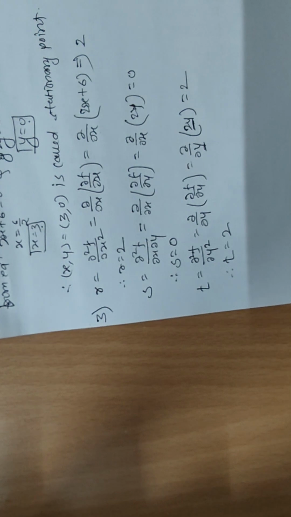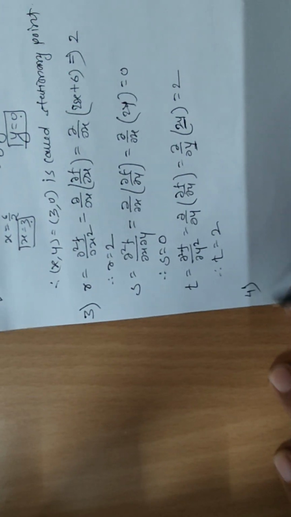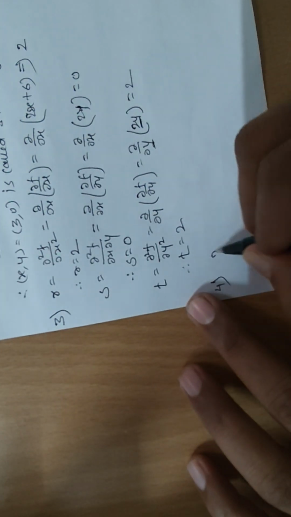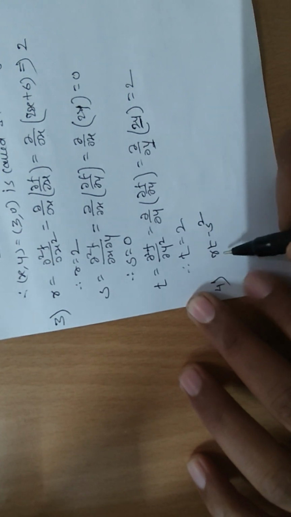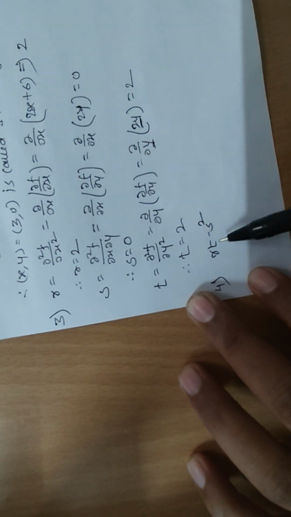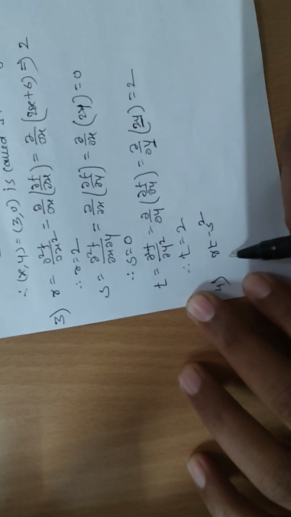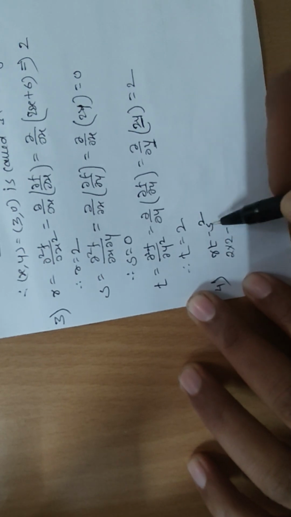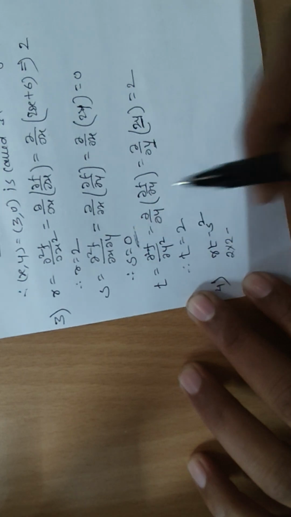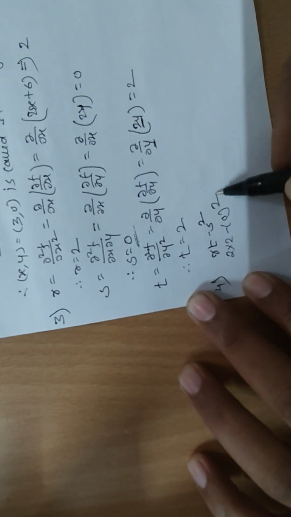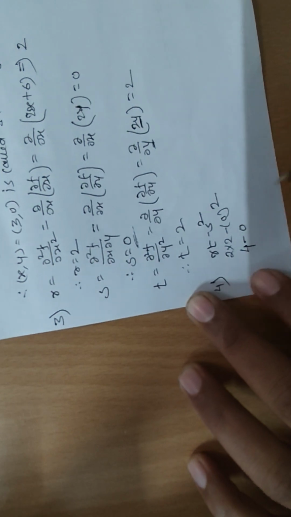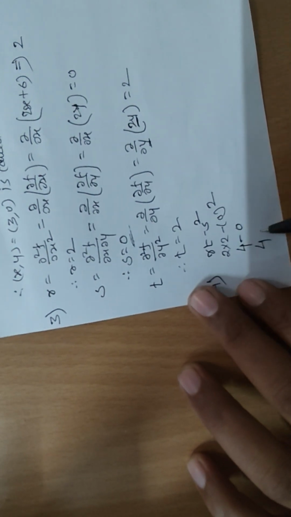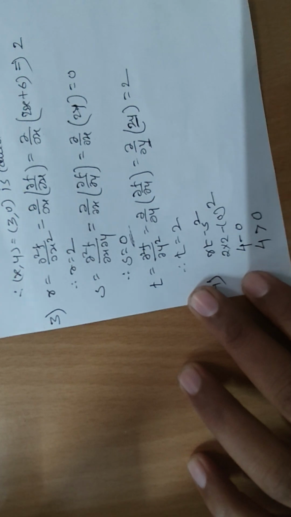Okay, in step number 4 we find r into t minus s square, where r is 2, t is again 2. Therefore 2 into 2 minus s, s is 0, so bracket whole square. 2 into 2 is 4 minus 0 is 0, which is equal to 4, and 4 is greater than 0.